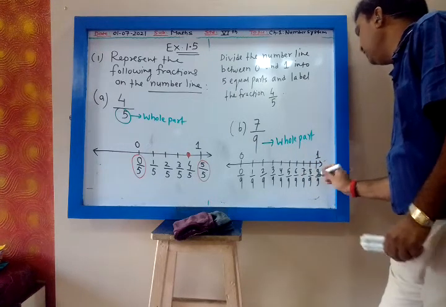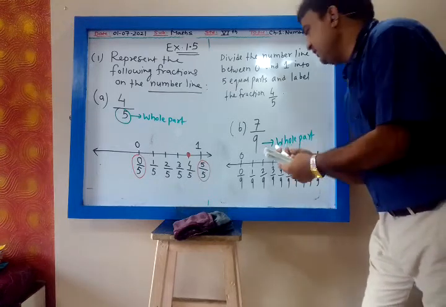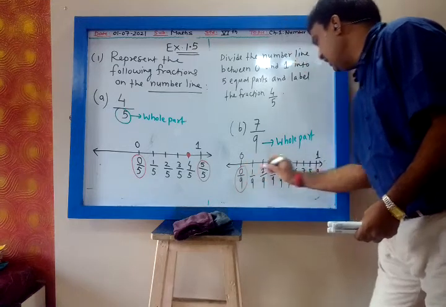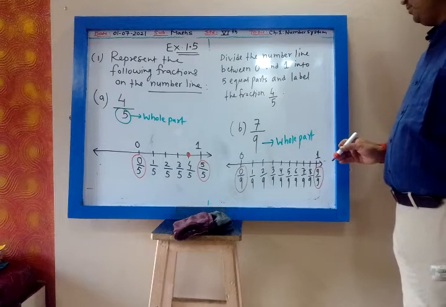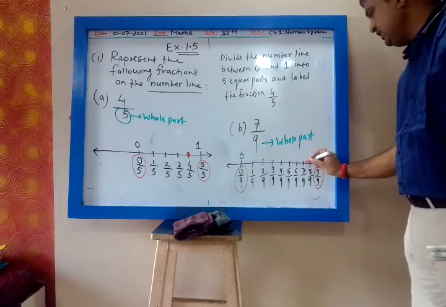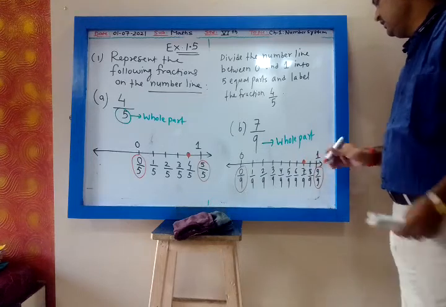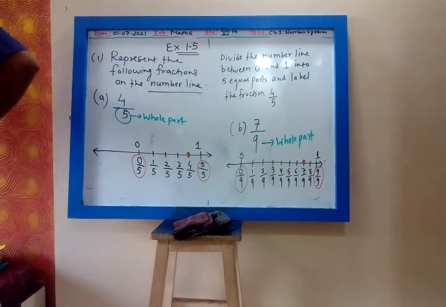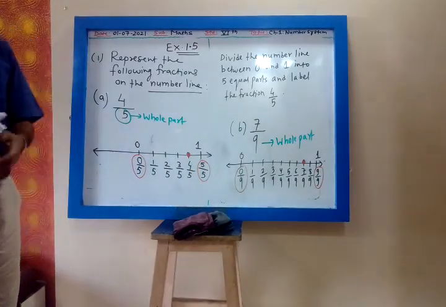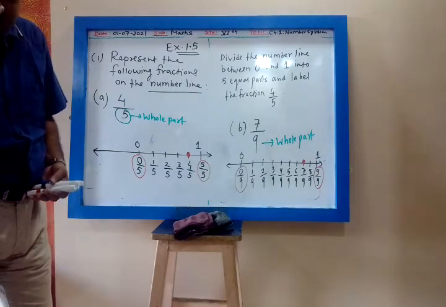So remember, 0 upon 9 is the same as 0, and 9 upon 9 is the same as 1. So there is 7 upon 9, this is my 7 upon 9 fraction. Correct? Whatever the denominator is, that is my whole part. So we divide the number line between 0 and 1 into 9 equal parts, because the denominator is 9. Okay?